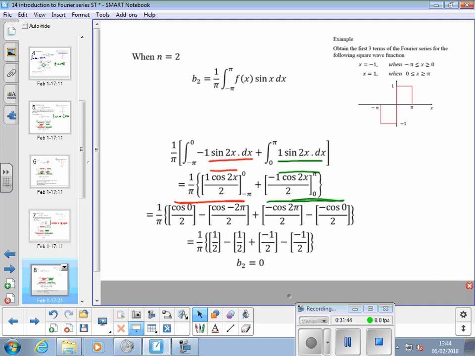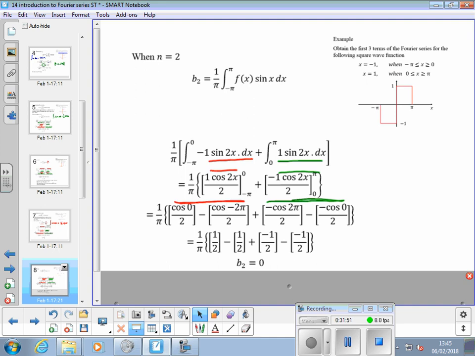So we've got 1 half. Minus a half is nothing. Plus minus 1 over a half. Minus a half. Minus 1 over half. Plus that half, so the whole thing evaluates to 0. 1 over pi times 0 is nothing. So there's no second harmonic term.